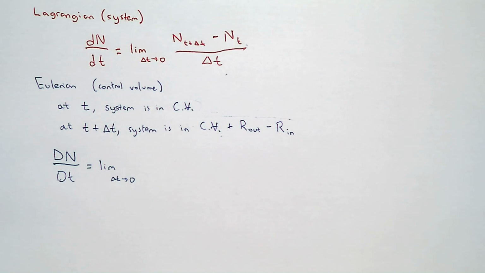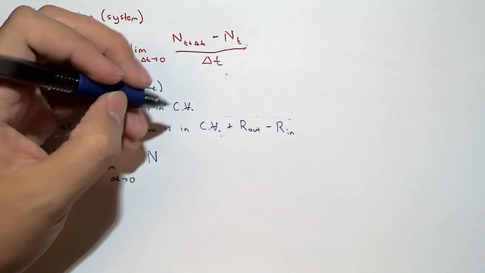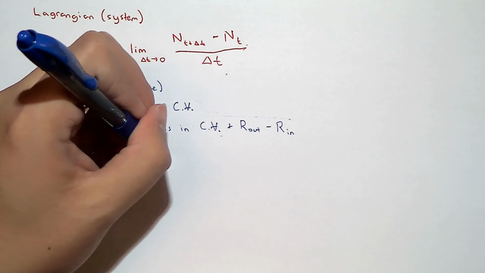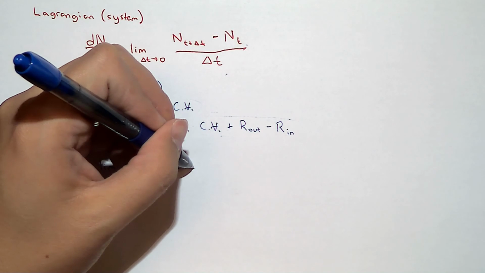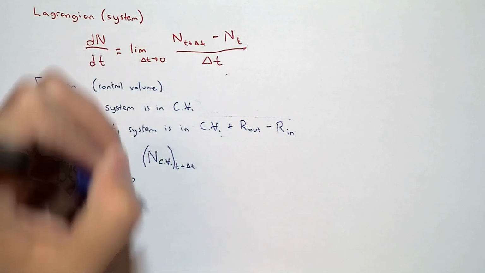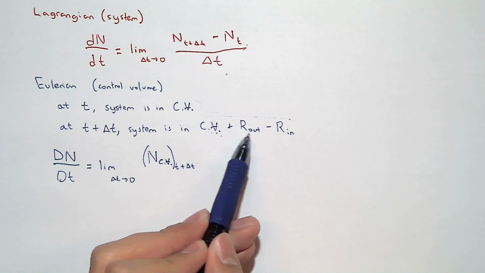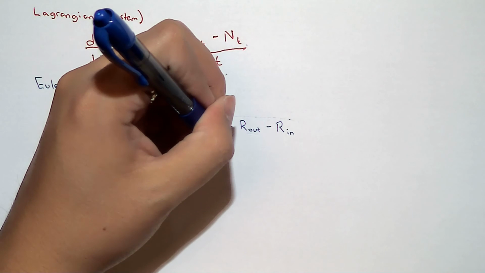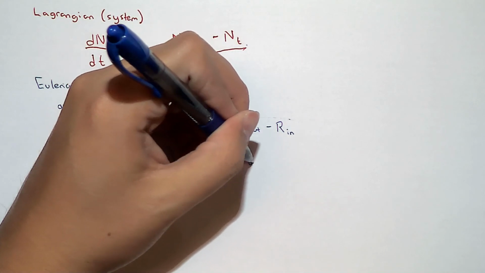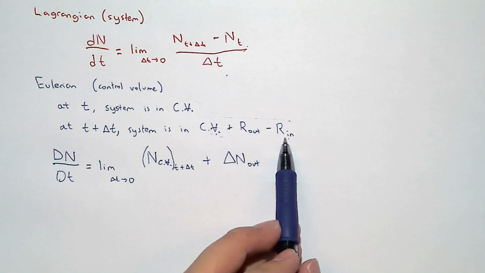So what is my property at time t plus dt? We'll have the extensive property inside the control volume at time t plus delta t, or delta t, sorry. Let's see, we have CV, plus we have the extensive property in my outer region. So I'm going to put plus my delta n out. Minus, we have the extensive property in my inner region.